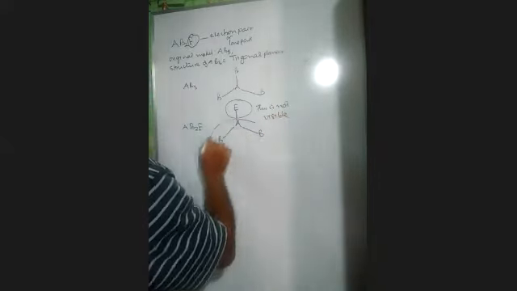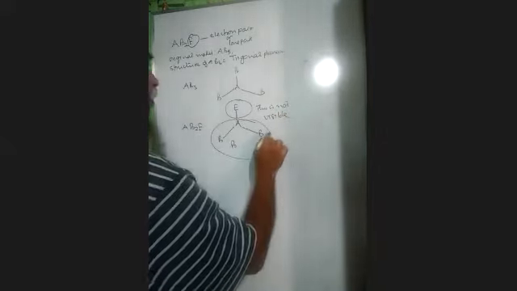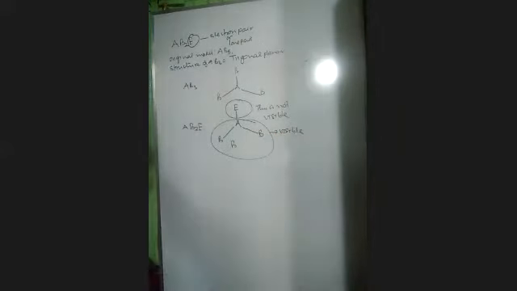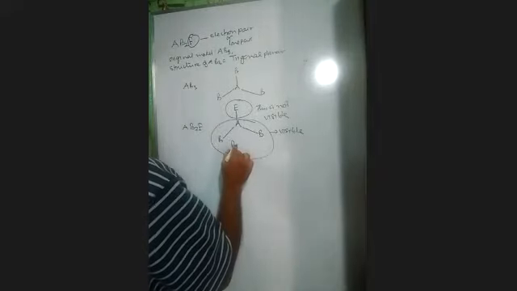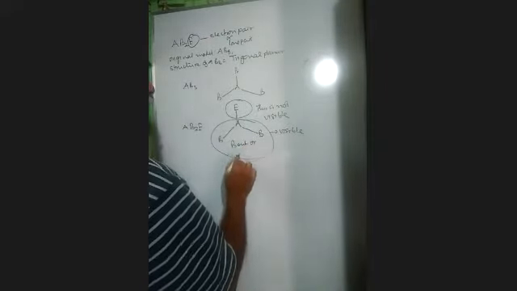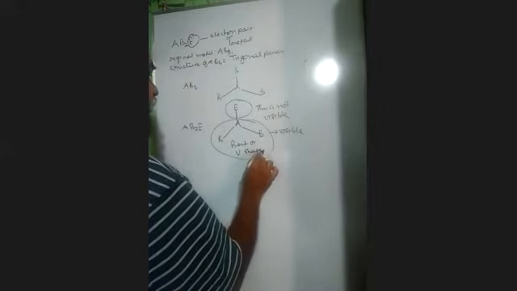So how will it look like? It will look like this. The lone pair is not visible to our naked eye, but in X-ray. So how do you call this structure? It's called bent or V-shaped.